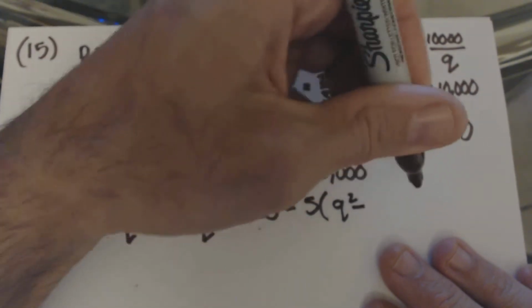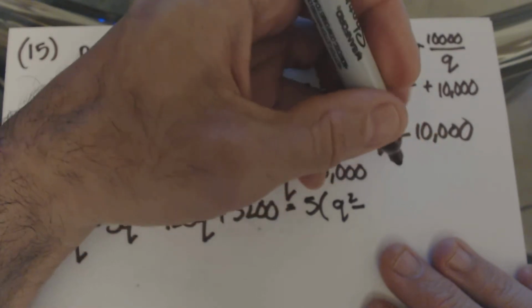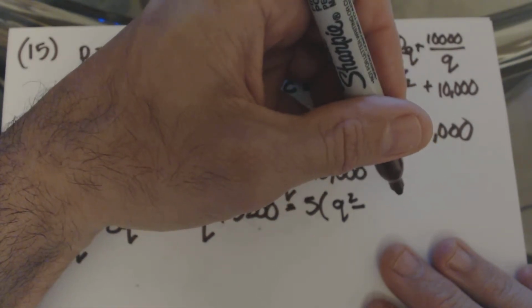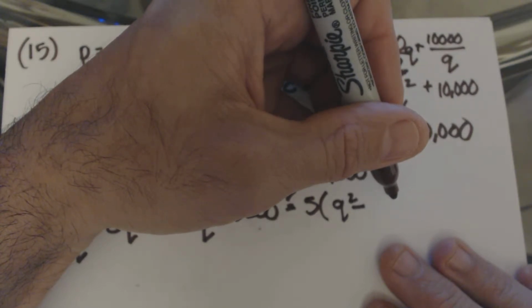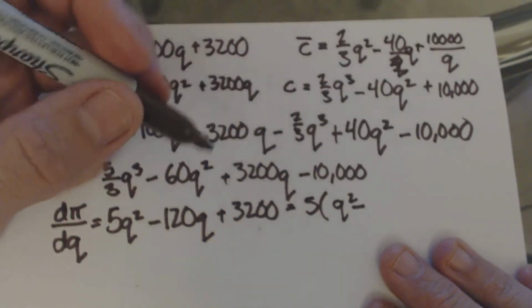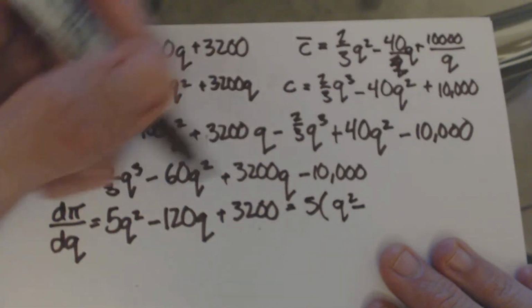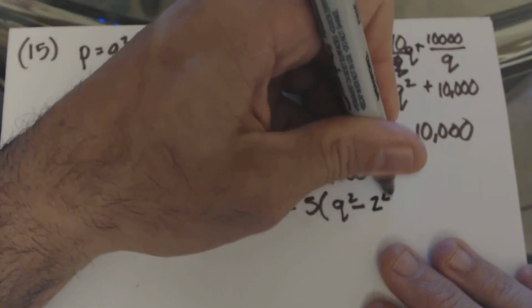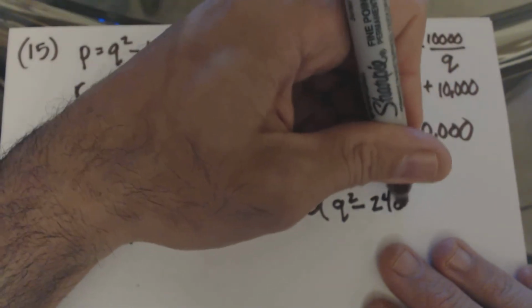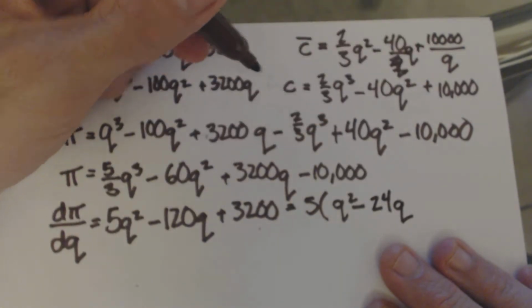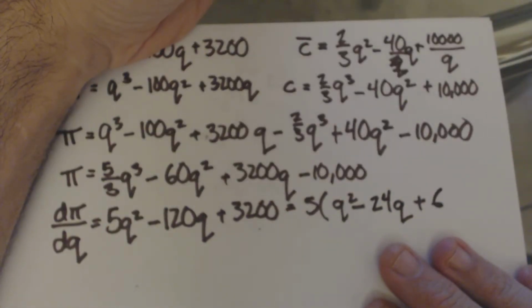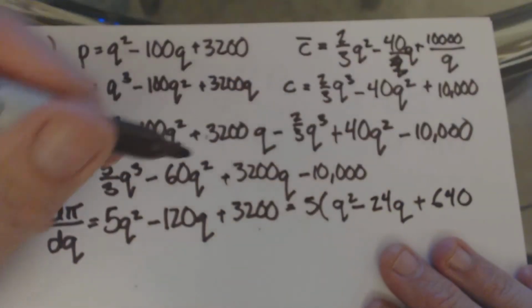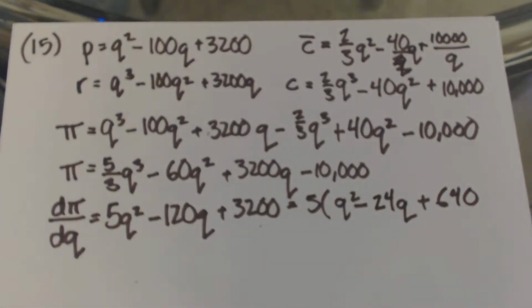Q squared minus 24Q plus, into 3,200, 5 goes 640 times, since 640 times 5 will get us 3,200.